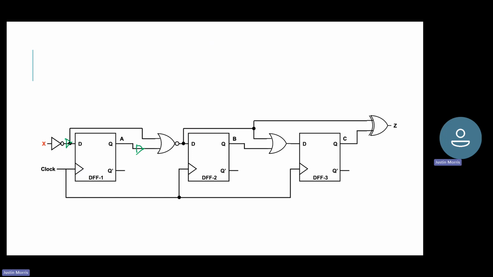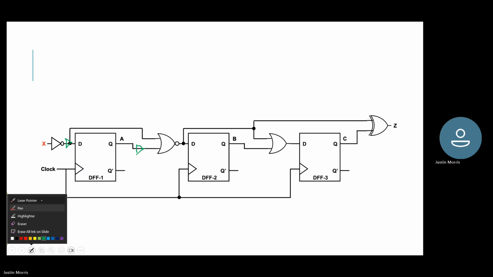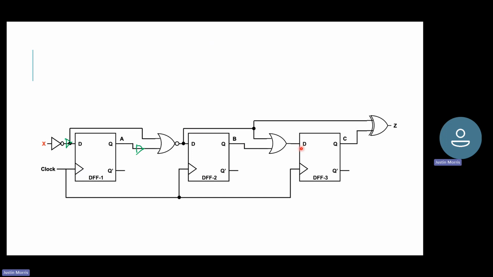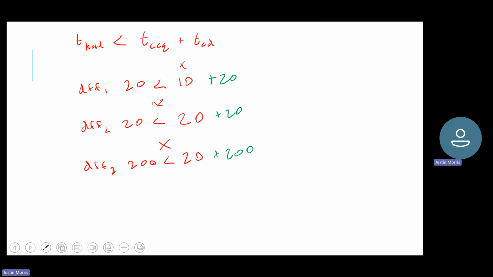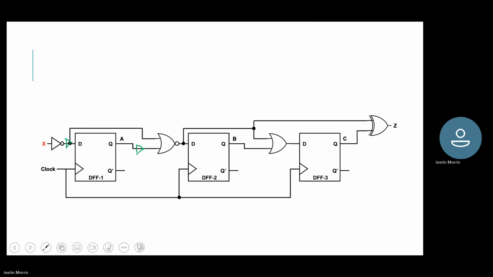So which one was our path? All right, so B to D. So this is our main problem. Because we have 1, 2, here we need 10 buffers. No, we don't. Yeah, we still need 10.